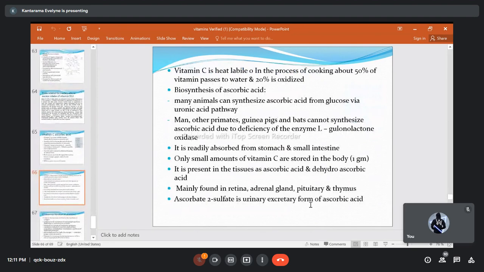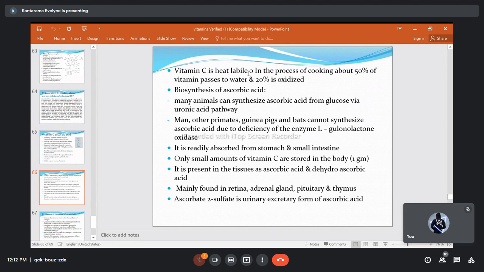It is heat labile. So in the process of cooking, about 50% of the vitamin passes to water and 20% is oxidized.